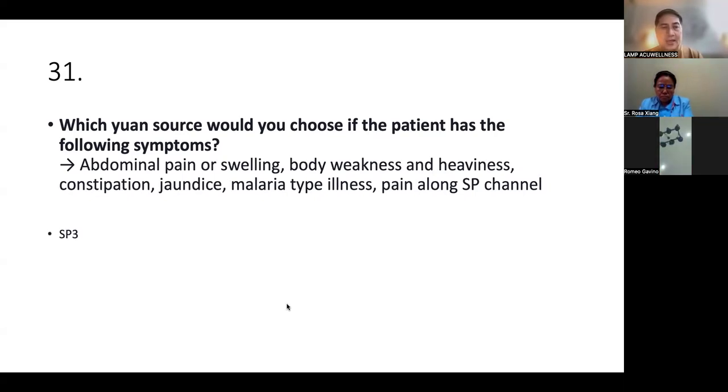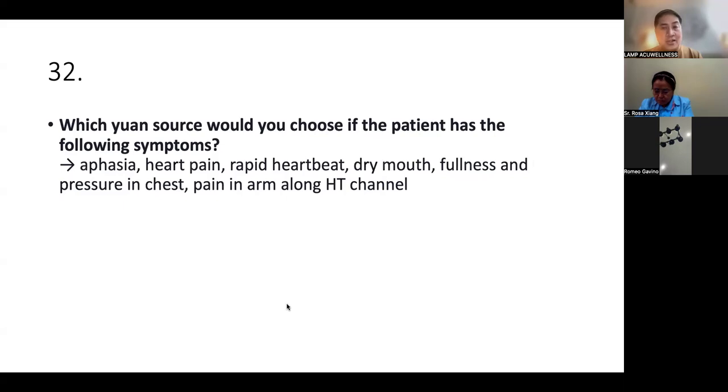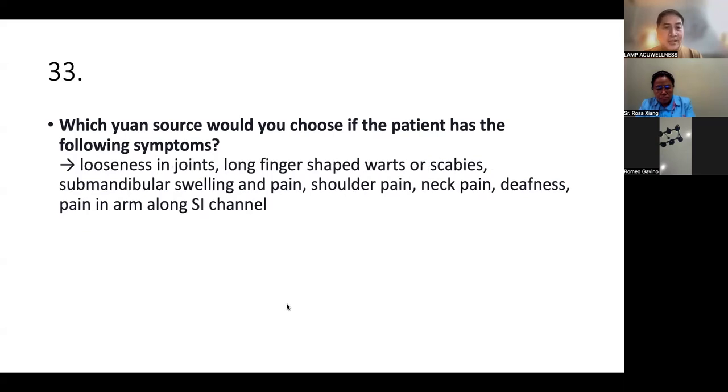Spleen 3. Yes. Aphasia, heart pain, rapid heartbeat, dry mouth, fullness and pressure, pain in the arm along the heart channel: Heart 7. Looseness in the joints, long finger-shaped warts or scabies. These warts are located along that channel: SI4.